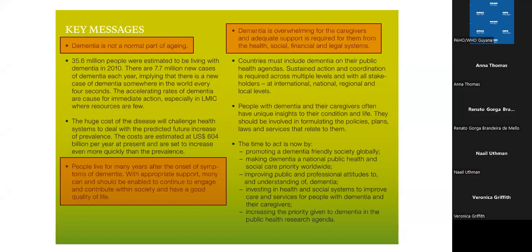So we have to be careful to not stigmatize dementia patients. Dementia is overwhelming for the caregivers. I used to say that dementia is a family disease. It's not a single patient disease. Adequate support is required for them from the health, social, financial, and legal systems.